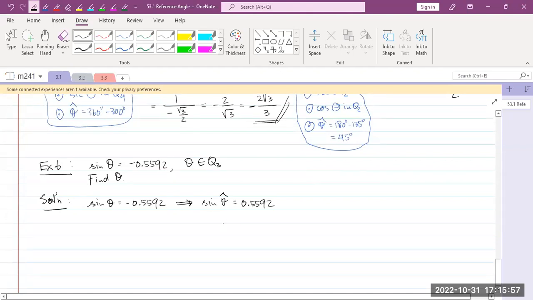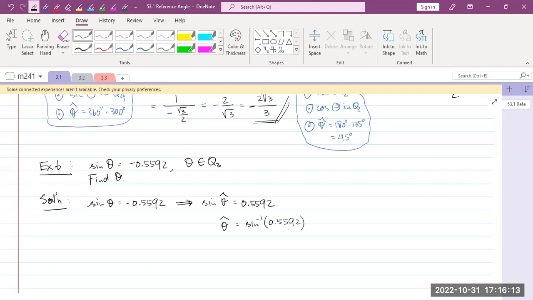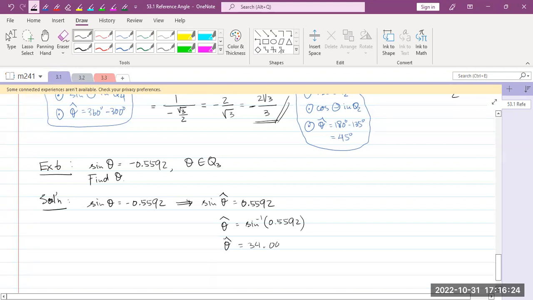So we can use now theta hat equals to sine inverse of this 0.5592. Now get your calculator and then compute what is sine inverse of 0.5592. What I get here is 34.00049 degrees.